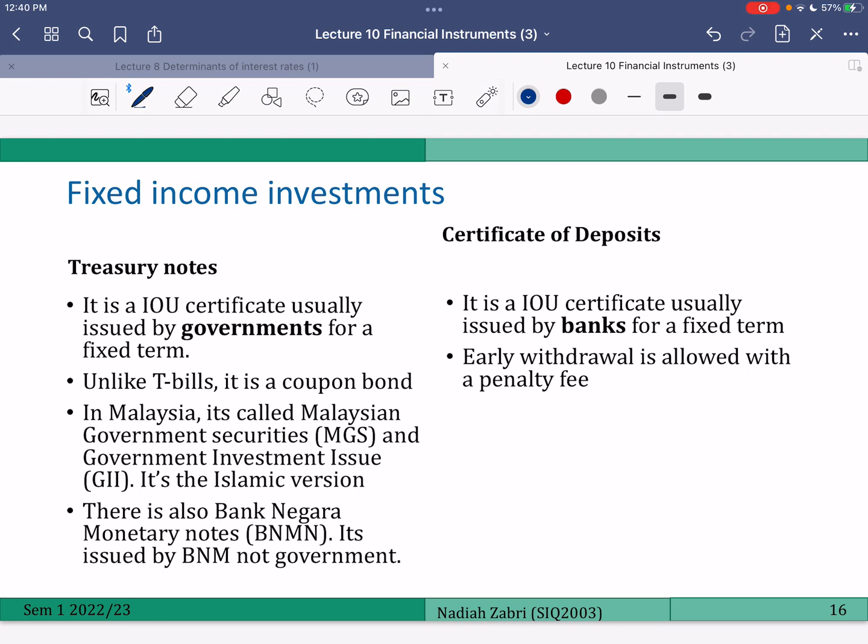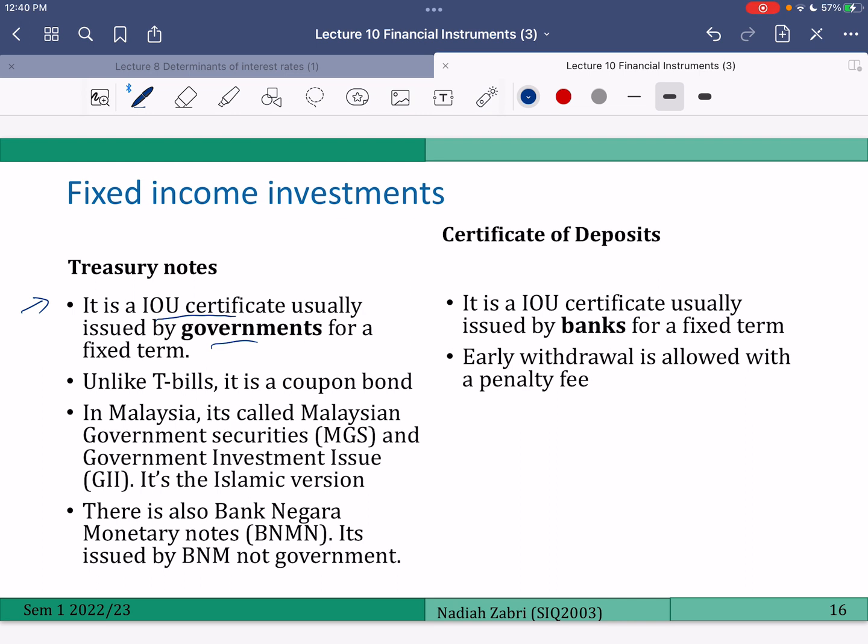Now Treasury notes. Treasury notes usually are coupon bonds, not zero coupon bonds, and their maturity term is longer. Again, it is an IOU certificate issued by the government. In Malaysia, we also have Treasury notes, a similar concept, also issued by the government of Malaysia.